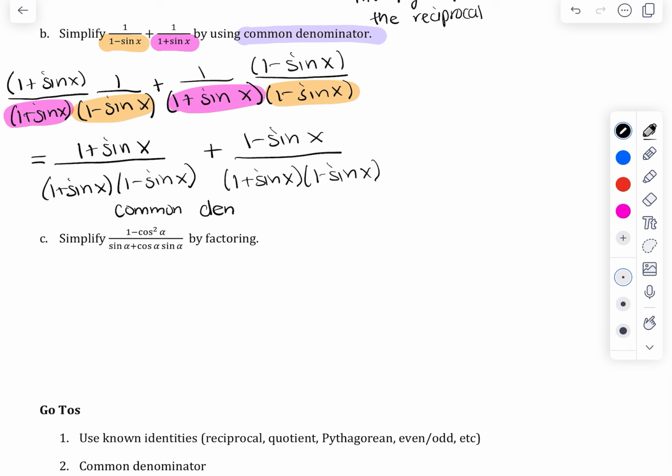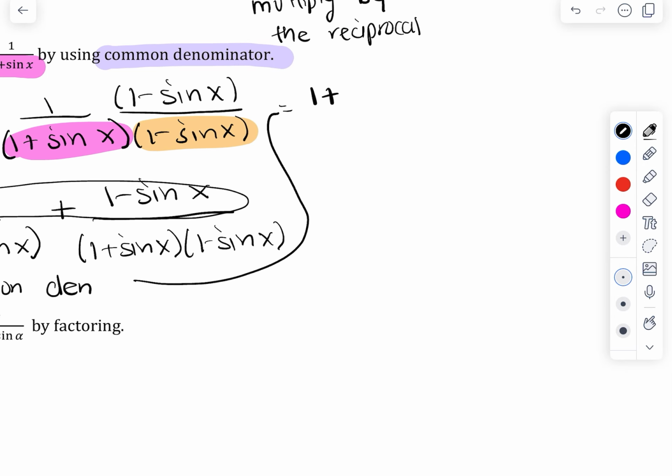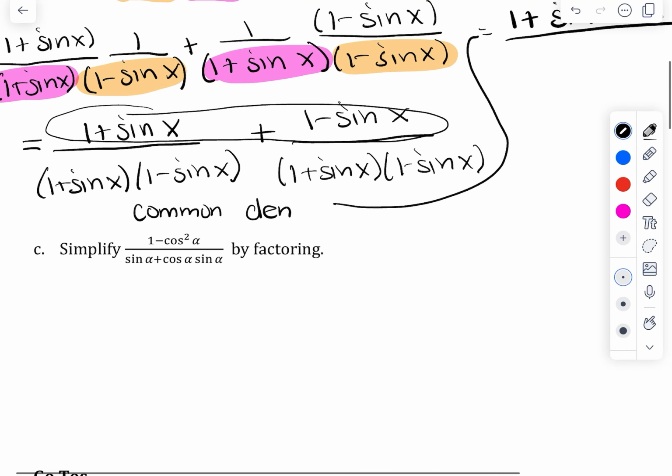So I'm going to create one fraction, and I'm going to combine the top together. So I'm going to have 1 plus sine x plus 1 minus sine x. At the bottom, I'm actually going to FOIL.